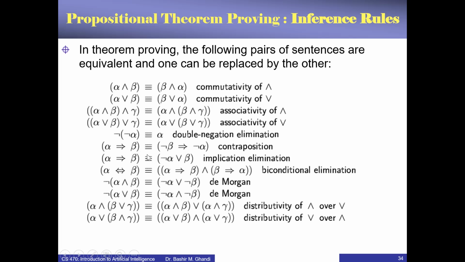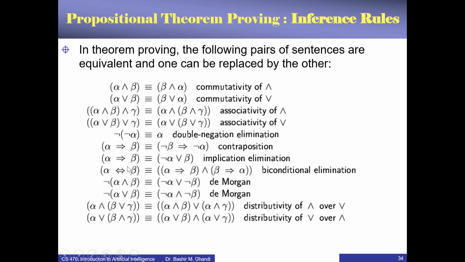So these two sentences are equivalent. There's also what is called implication elimination. Alpha implies beta is equivalent to not alpha or beta. You can also eliminate bidirectional, so it's called bidirectional elimination.